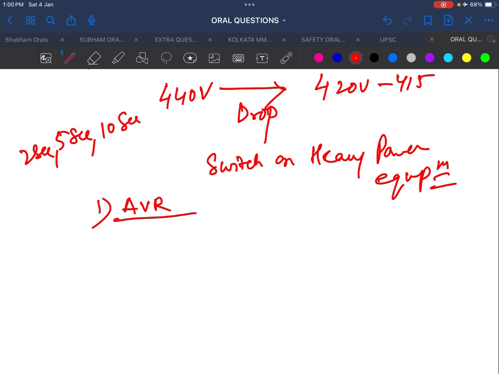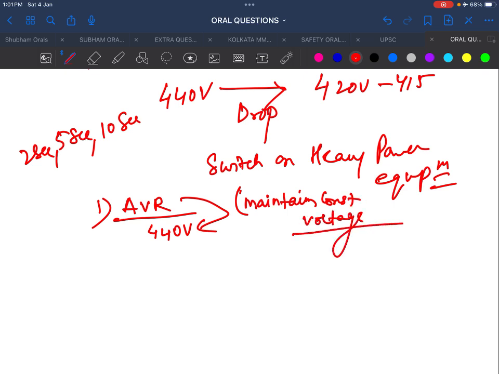Suppose our generator has 440 volt, the AVR always provides 440 volt until there is a change. It compensates that change as soon as possible and maintains the voltage at 440 volt. Always maintain a constant voltage.